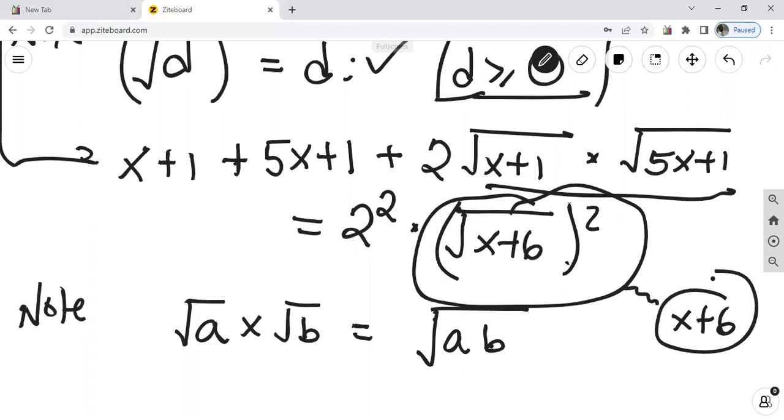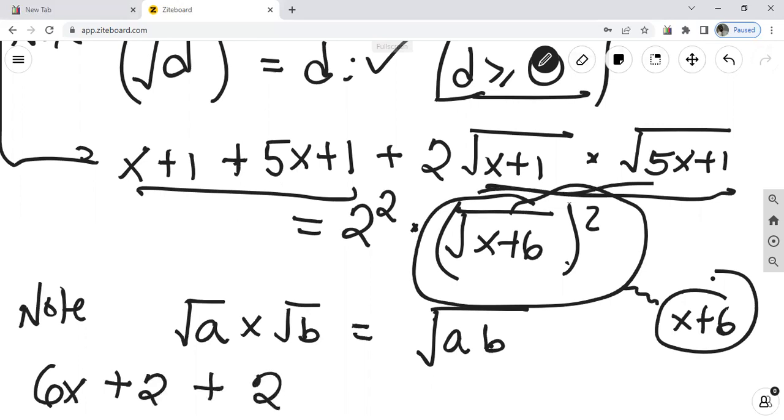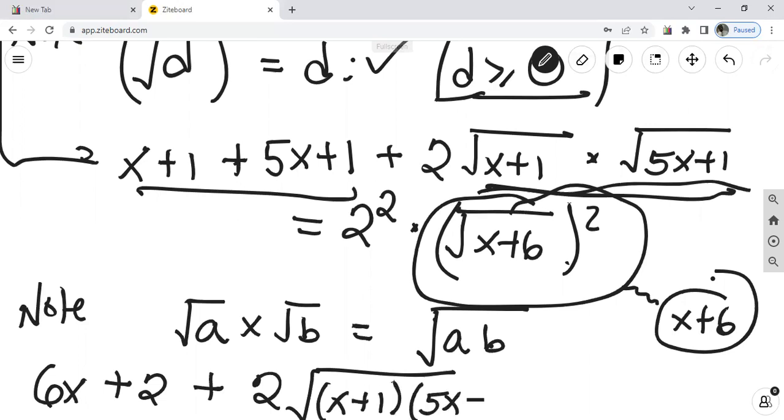Okay, so upon simplification, if I sum up this, I get what? I have 6x plus 2 plus 2, using the rule I've mentioned, the square root of the product x plus 1, 5x plus 1.